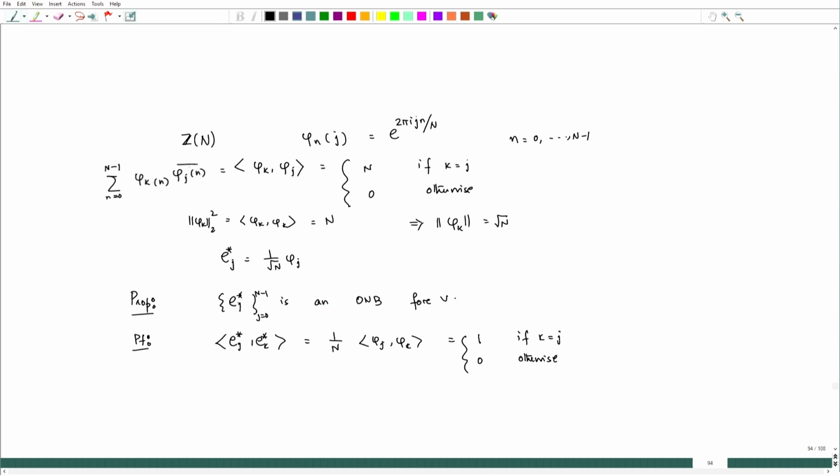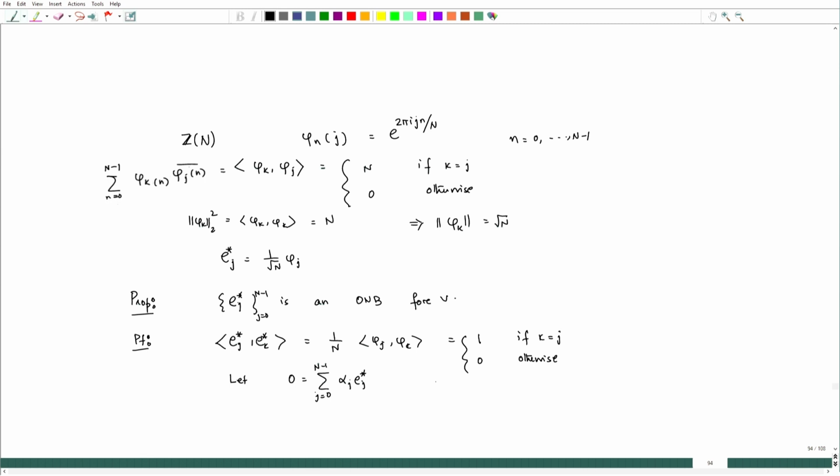Now, towards this end, let 0 be equal to the summation over j from 0 to N minus 1 of alpha j E j star. Then what we want to show is that the alpha j's are 0, that is trivial.